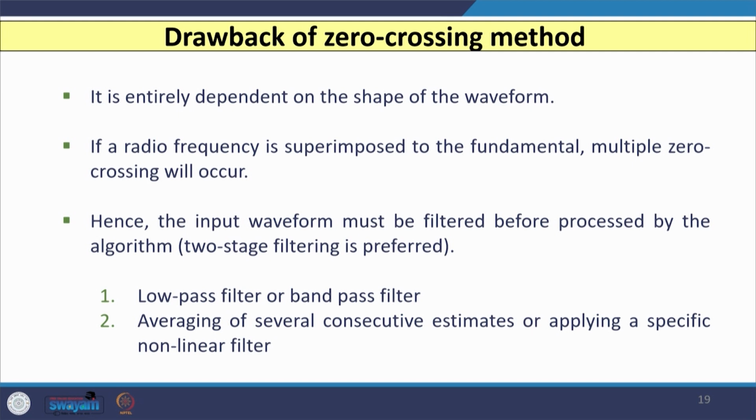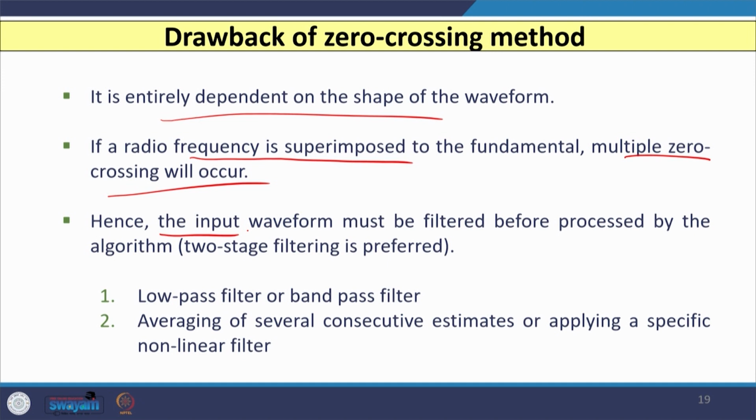However, there are certain drawbacks of zero crossing based method for frequency estimation. The first is that this method entirely depends on the wave shape of whatever waveform we are going to acquire. If that wave shape contains frequencies other than the fundamental component, then you may have multiple zero crossings. For utilizing this method, it would be really difficult to estimate the frequency, or if you estimate, it will give an erroneous result.